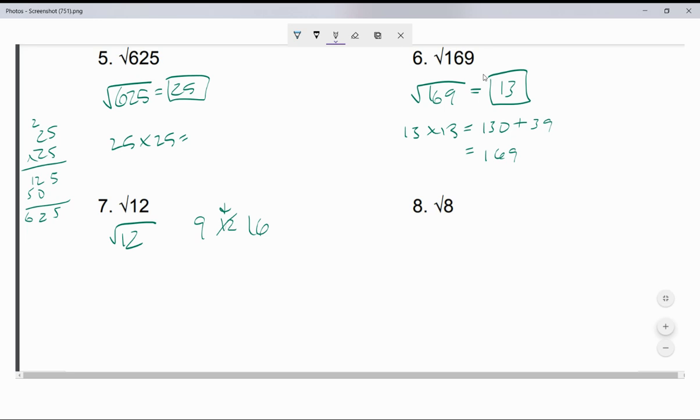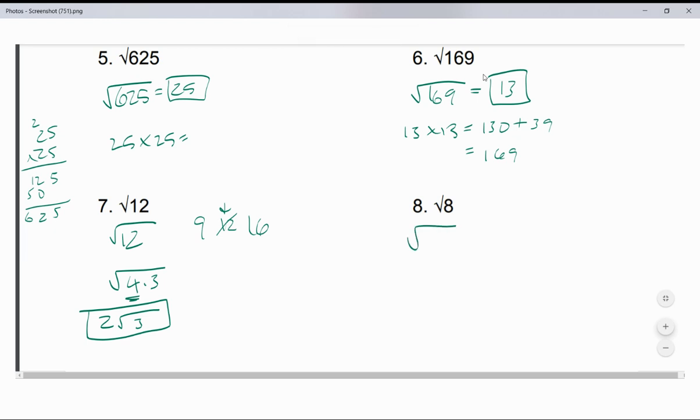So we're going to do it the messy way. So 12 is 4 times 3. Well, guess what? 4 is a root number, which means we can put that out as 2. But we have to keep 3 inside the root because we can't do anything to it. So this would be what we would do.